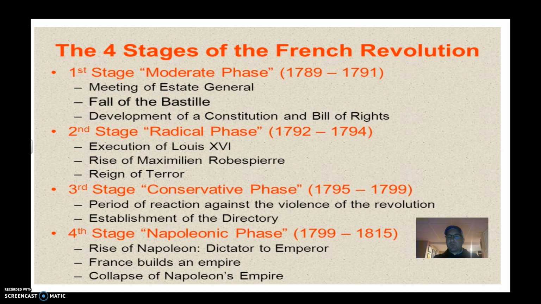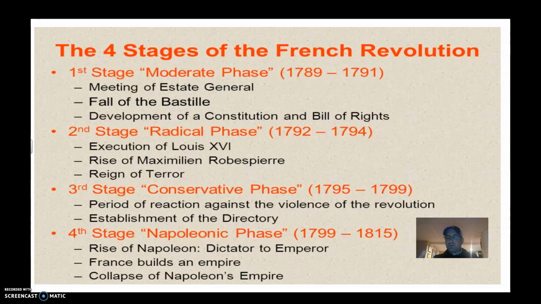And being that that would be treason, and being that they try to flee the country as they try to get all these other monarchs from around Europe to help them out to squash the rebellion, they're eventually caught and they're going to be put on a quote-unquote trial, and they're going to be executed. And that's going to be where the radical stage of the French Revolution really begins.